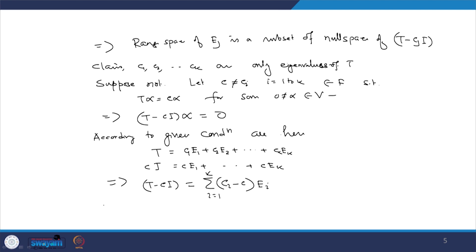Now, according to our hypothesis, (T minus C I) operating on alpha equal to 0. This implies that sigma (Ci minus C) Ei operating on alpha equal to 0, i equal to 1 to k.